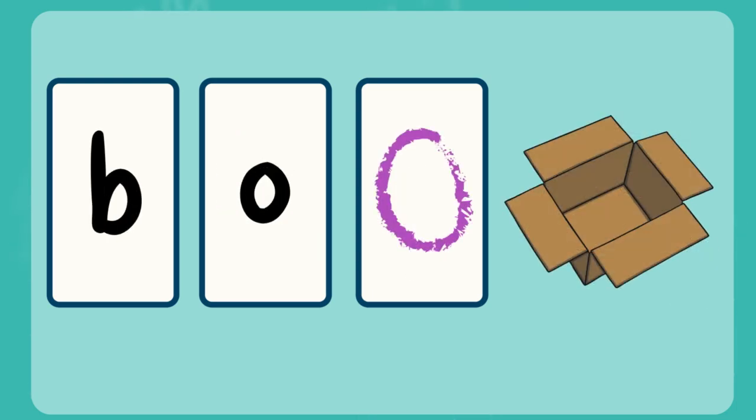I see a picture of a box. But it looks like in my word I only have B and O. I need to fill in the ending sound of the word box. Which letter makes the sound x?